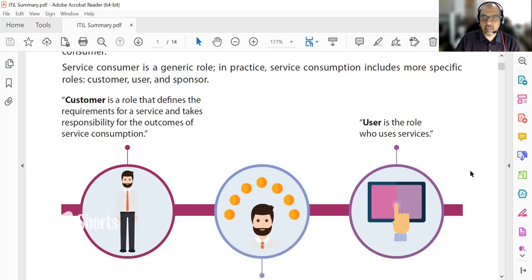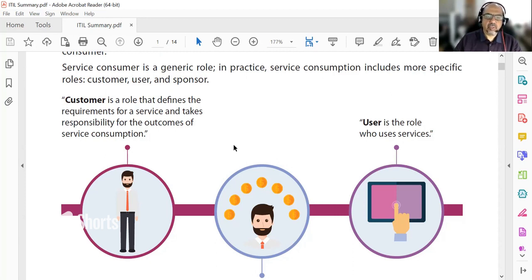First role is the customer, and this role defines the requirements for the service. They take responsibility for the outcomes of service consumption. It could be one person or team. So customer defines the requirements.